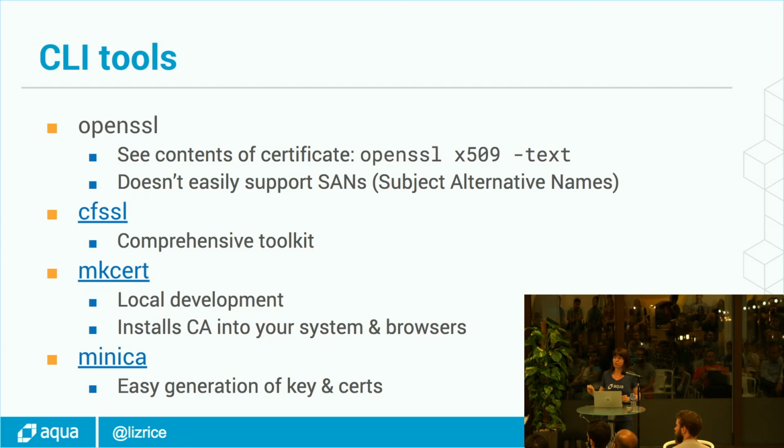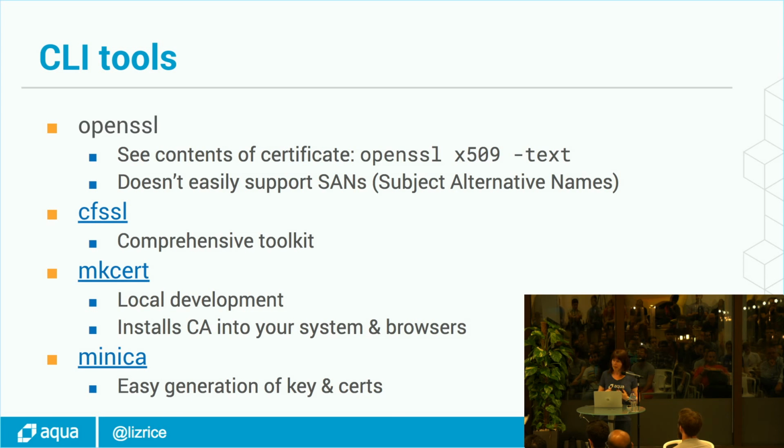But it turns out that if you want to use the subject alternative names and not have common names, you kind of have to, it's not the default behavior. It can be done with OpenSSL, but it wasn't lending itself to doing it in a quick demo. So I decided not to use OpenSSL.